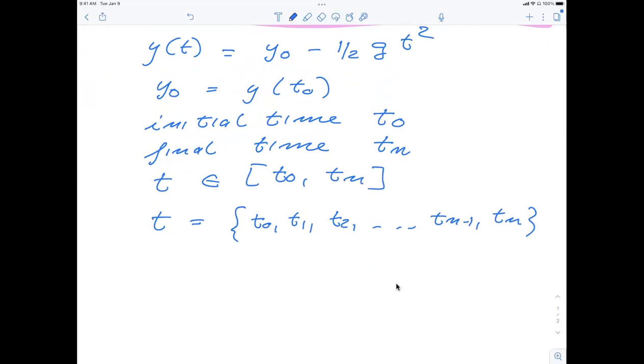And what we are going to assume in most of the cases is that time is a variable which is equally spaced. So we are going to say now that t of i, which is the time at a given time ti, is given by t0 plus i times a variable delta t, which we are going to call the time step. And i goes from 0, 1, 2, up to n here.